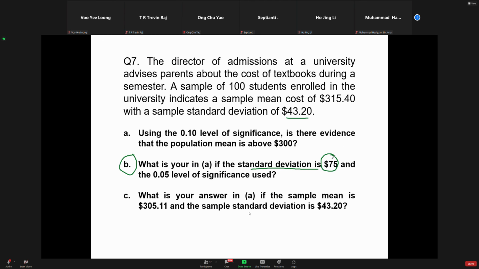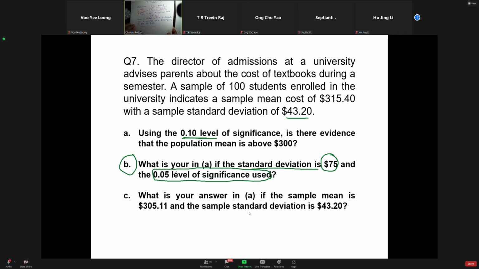I'm sorry, the level of significance is given as 0.05. So for part B, we are using the sample standard deviation as $75 and alpha is 0.05.